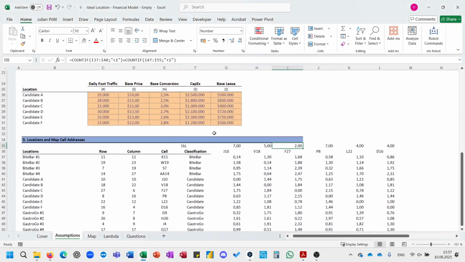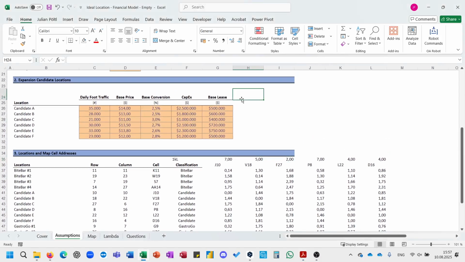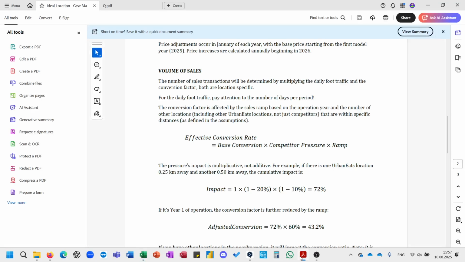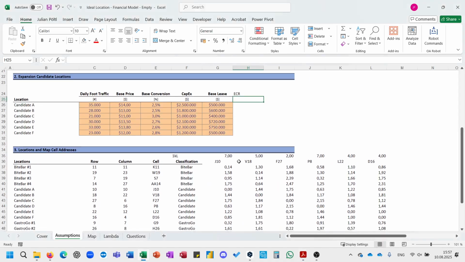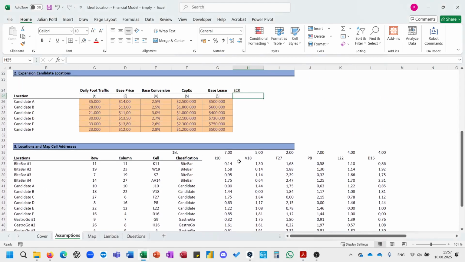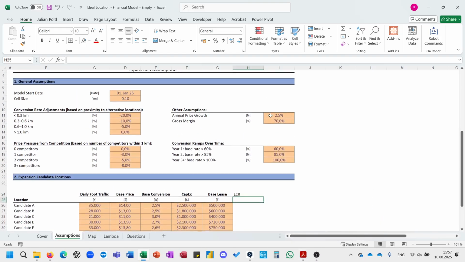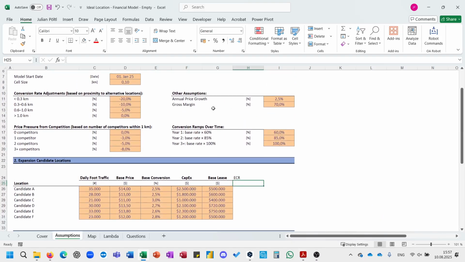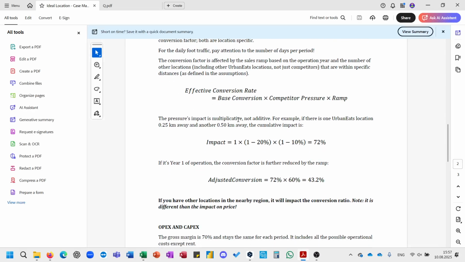So ECR is base conversion, competitor pressure and ramp. And competitor pressure is here, the conversion rate adjustment. It's a multiplicative impact.